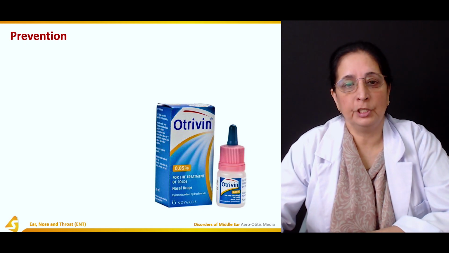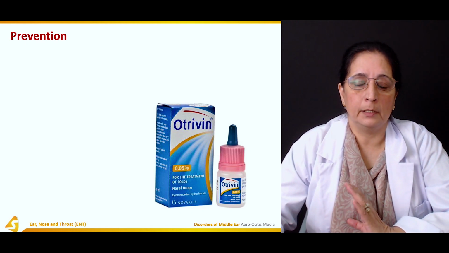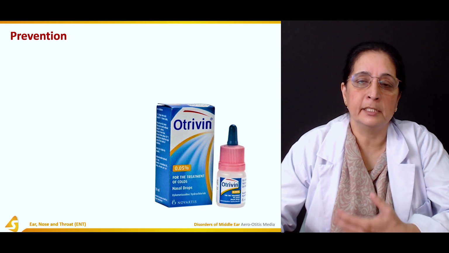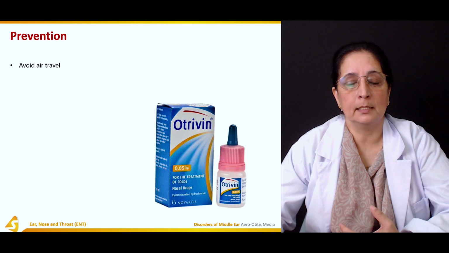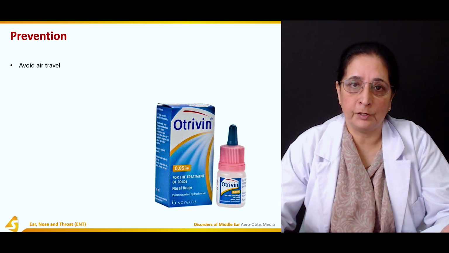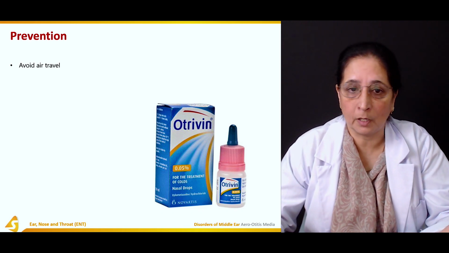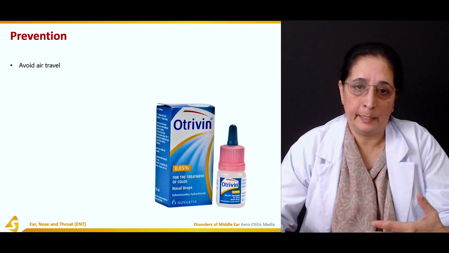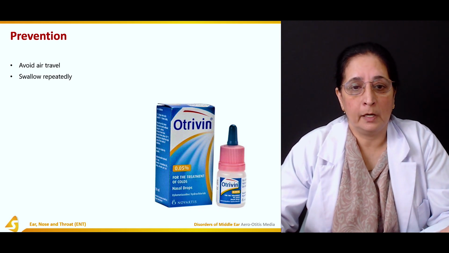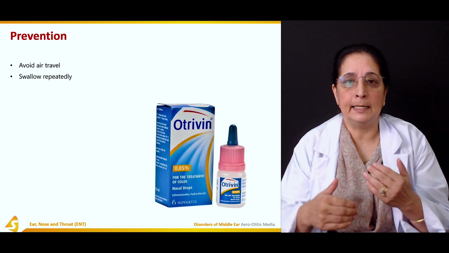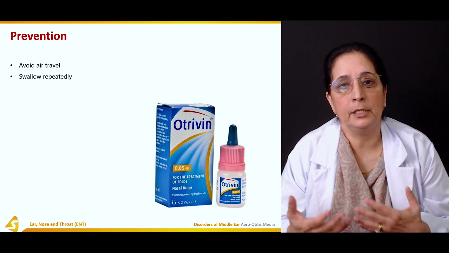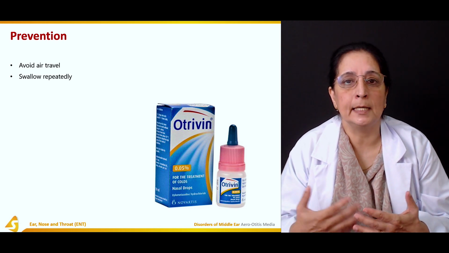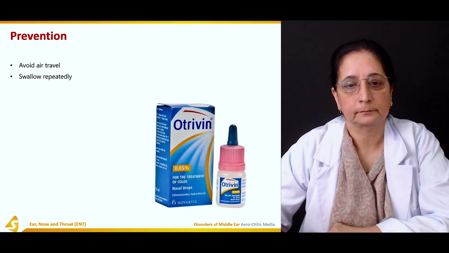Then prevention. Different preventive methods for Aero-Otitis media include avoidance of air travel, but sometimes that's not possible, so we can limit the air travel. Swallowing repeatedly also helps in opening the eustachian tube and maintaining the pressure.